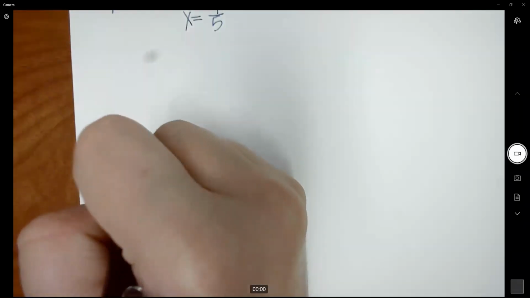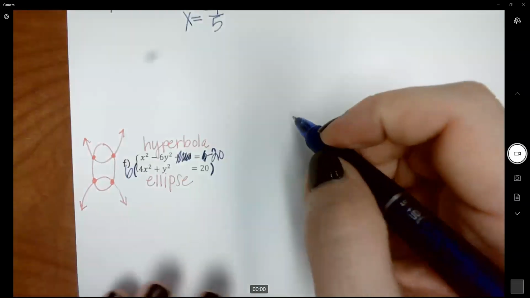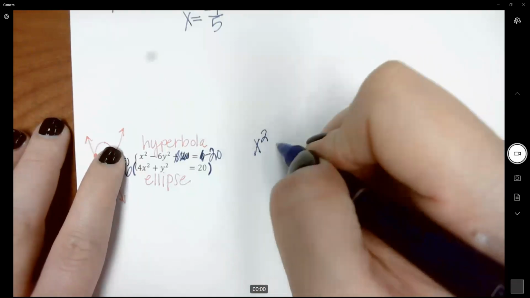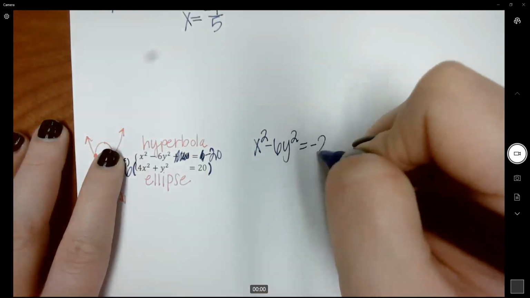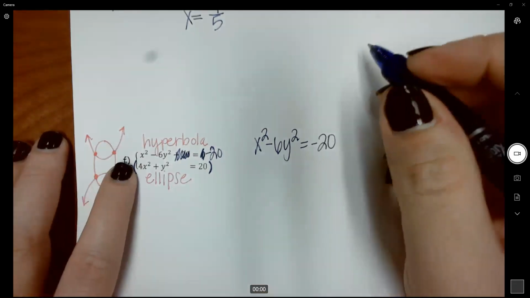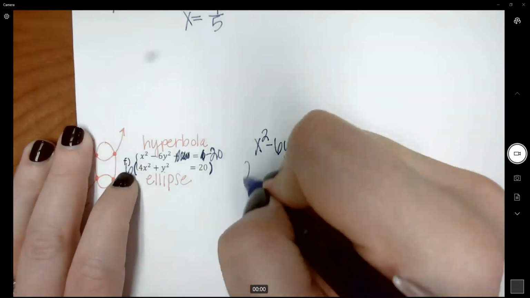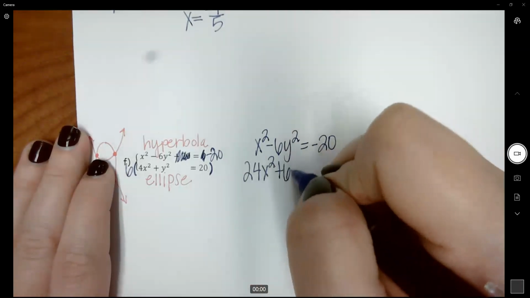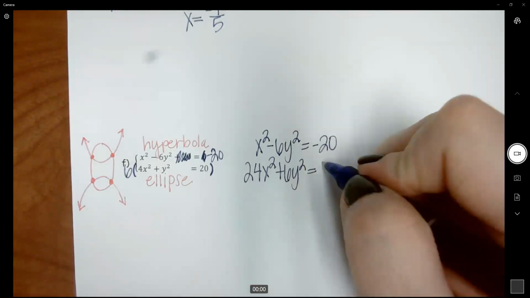So if I was to multiply this bottom one by 6, I'm just going to rewrite these over here. My top one doesn't change. But my bottom one, multiply all 3 terms by this 6. So this is 24x squared plus 6y squared. 6 times 20 is going to give me 120.